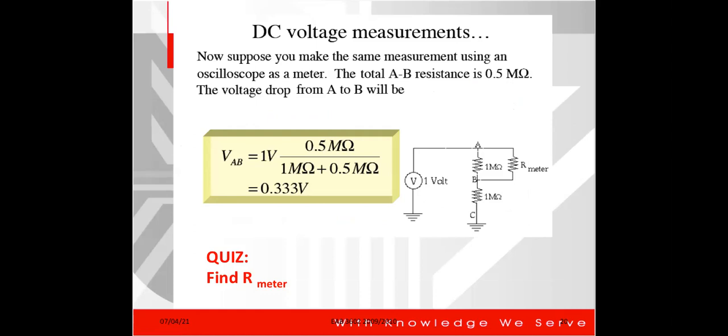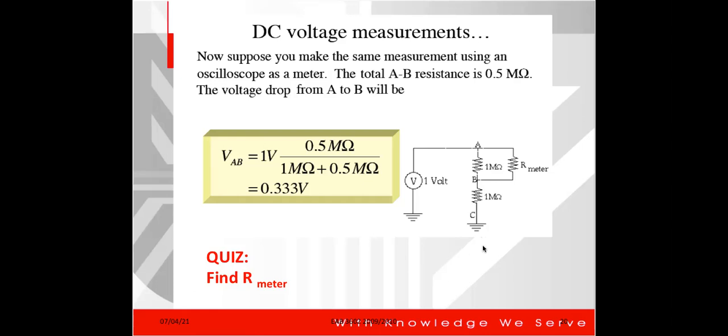So what equation do you need to use to get the R meter value? Negative 0.3 ohm. Who else? Mustaqim got negative 0.3.